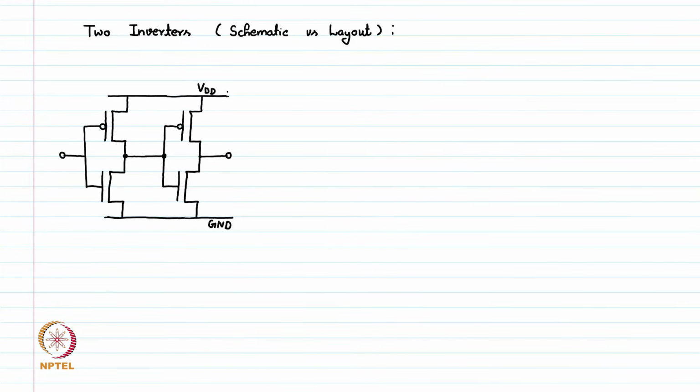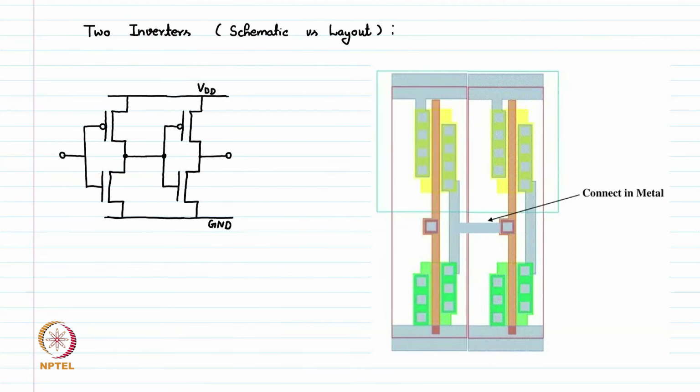So these VDD and GND are the rails which carry all the current for all the circuits. So we need to make these VDD and ground rails very thick so that they can carry that much current to power up all the circuits. So let's see how a layout looks for this.